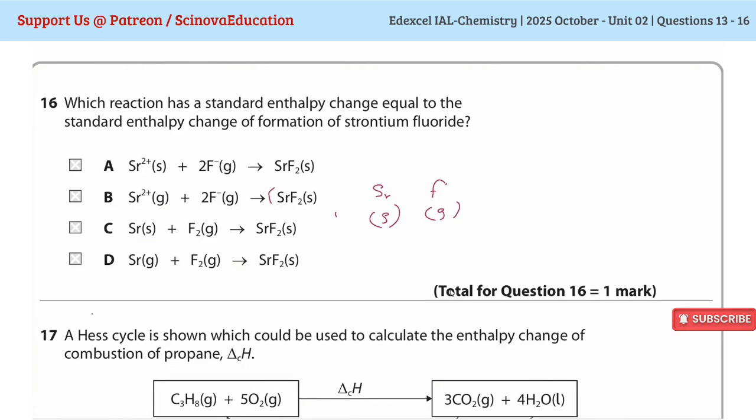Out of the options given, A and C contain strontium in solid state, but A says strontium 2 plus, which is not the ground state of strontium. Therefore, option C is going to be the correct option. Strontium solid plus fluorine gas F2 gives strontium fluoride in solid state.